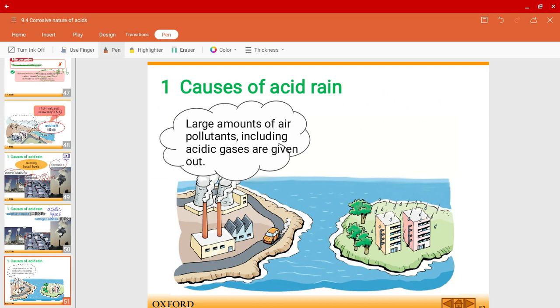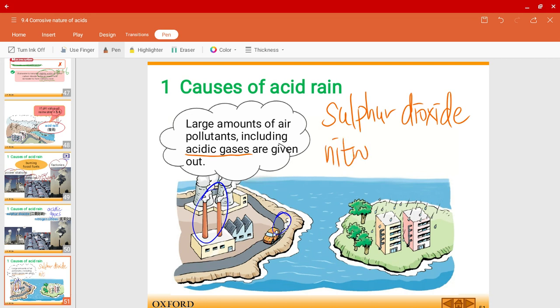So let's look at this diagram now. Large amounts of air pollutants, including acidic gases, are given off during the burning of fossil fuels, for example, in factories, from the vehicles, from car exhaust, so on and so forth. And the acidic gases, what were their names? Can you point out? Just now we've learned sulfur dioxide as well as nitrogen oxides.